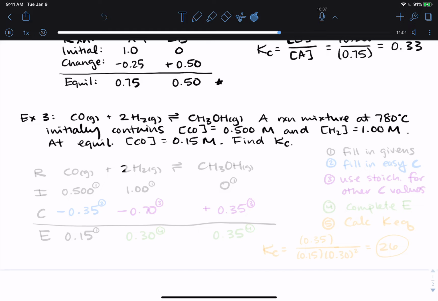So we're going to use concentrations, which is great because we only have concentration information. So just like every problem you have ever done in math or otherwise, our step one is going to be to fill in the given information. Now, I guess step one is to set up the rice table so we have spaces for all of this. So that's actually what I'm going to do first.